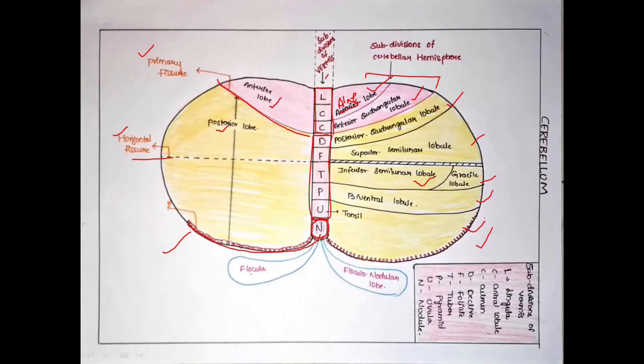Likewise, in the nodule, we identify the one last subdivision of the vermis. The nodule is in relation with the flocculus. So together we name them the flocculonodular lobe. So this diagram will help you to study both the subdivisions of the vermis and the subdivisions of the cerebellar hemisphere, learning about the fissures and differentiating the lobes.